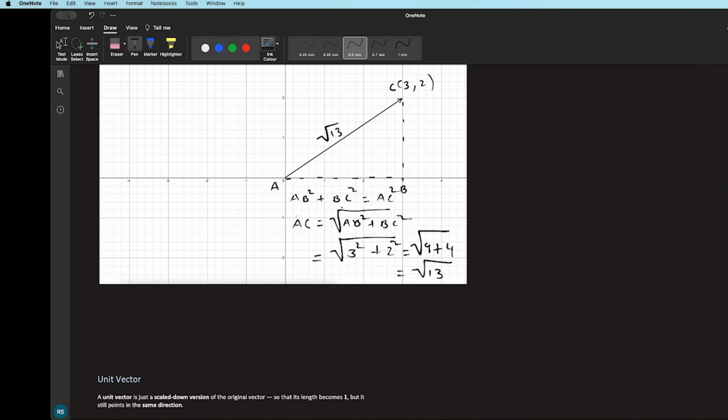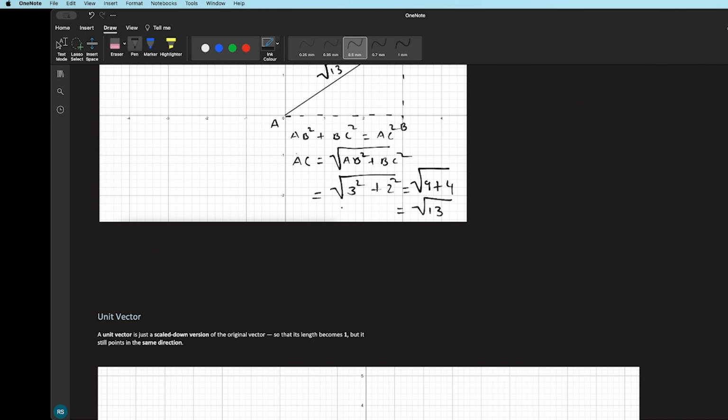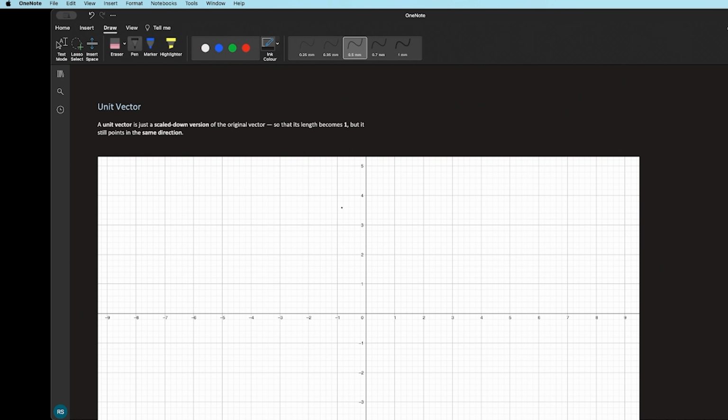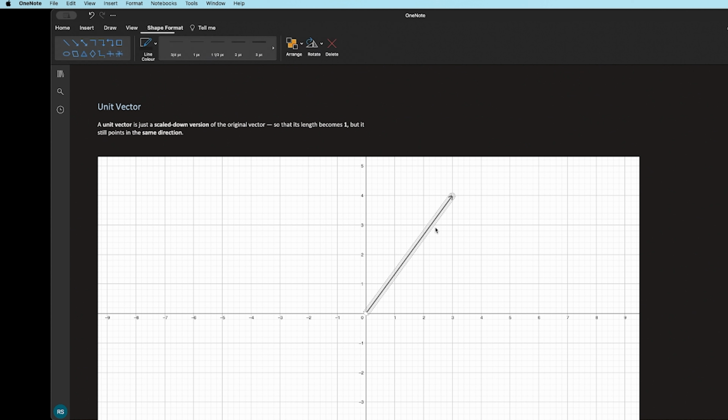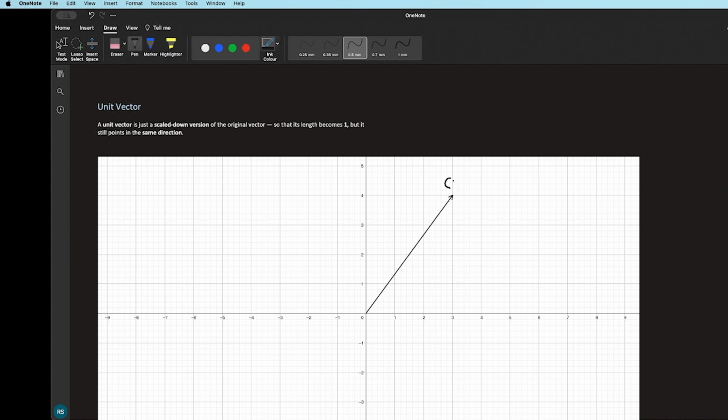Now coming to another vector, which is called the unit vector. Why do we call it a unit vector? Suppose you have this original vector, whose ending point is (3, 4).